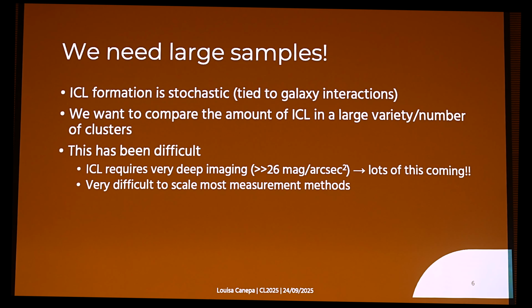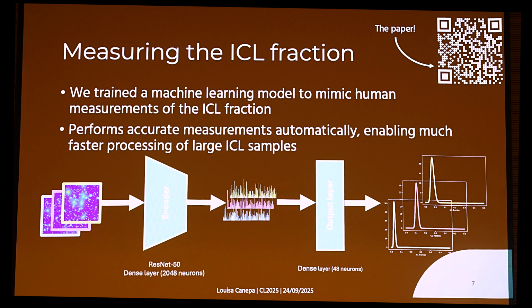So to address this second point, in my previous work, we trained a machine learning model in order to importantly mimic human measurements of the ICL fraction. So there isn't really a ground truth of the ICL fraction. You can ask me about that later. So in this case, what we did is trained a convolutional neural network that will take in images of these galaxy clusters and output a probability distribution of what it thinks a human, namely me, would measure the ICL fraction to be within that image.